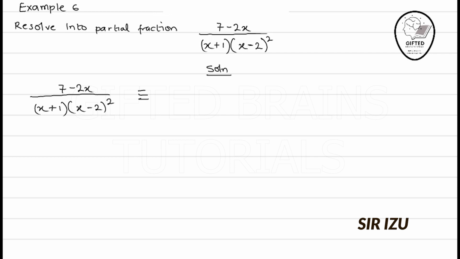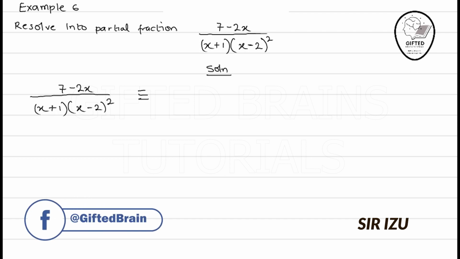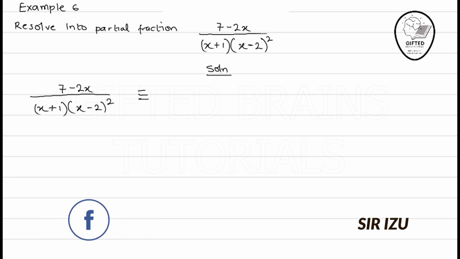Example 6. Resolve into partial fraction 7 minus 2x over x plus 1 into bracket x minus 2 all squared. Well, the first thing to always do is to check for your rule number 1 first. Obviously, because the degree of the denominator is greater than the degree of the numerator, we don't need to divide here. So that is skipped. As I look at this now, I'm seeing the linear factor there.